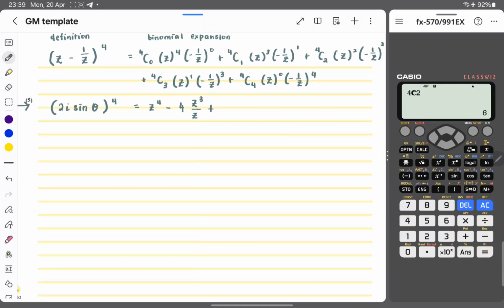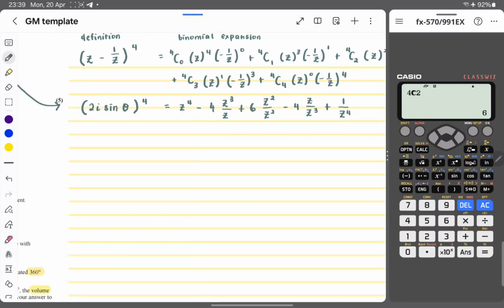Okay, so that would be 6. z squared over z squared. I do not need to compute the rest because it will be like 4 and then it will be 1 as the coefficient. So this one will be z over z cubed plus 1. Okay, and then it will be 1 over z to the power of 4.